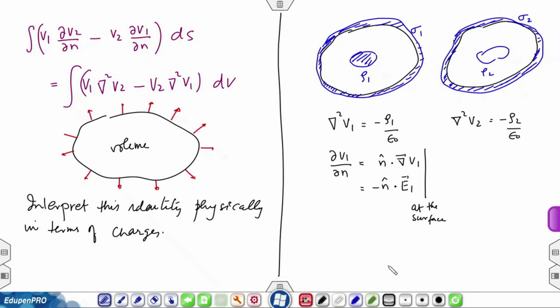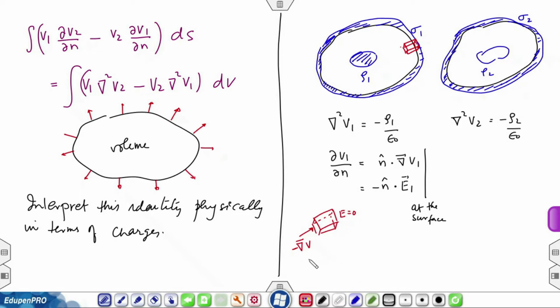So, let me make a little pillbox here, with one side inside and the other side in the conductor, and apply Gauss's law. So, here I have this box, this is grad of V with a minus sign. Here E is 0.